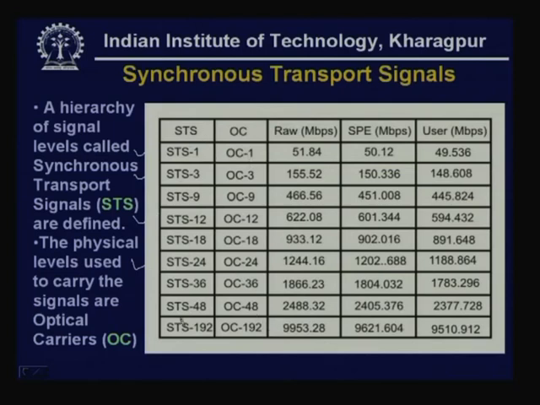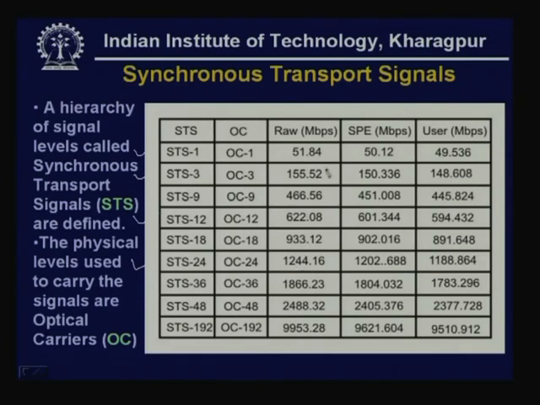The electrical signal, this is called the services, is converted into optical signal, and sent by optical carriers. STS1 is converted into optical signal corresponding to OC1. So, optical carrier 1 carries the STS1 signal, OC3 carries the STS3 signal, and so on. In this way, the physical levels used to carry the signals are called optical carriers.